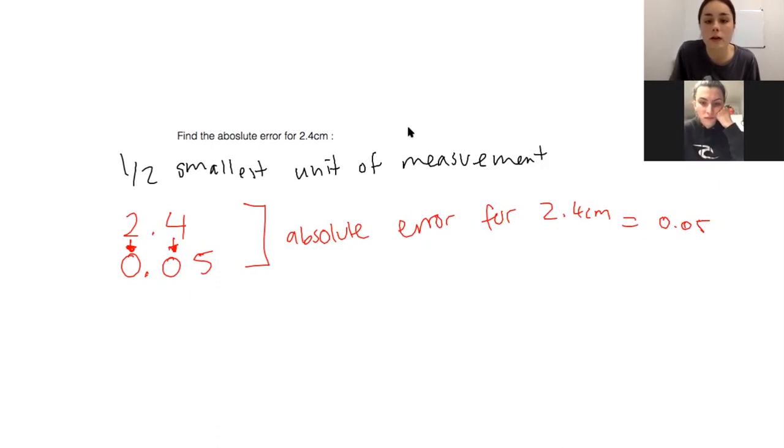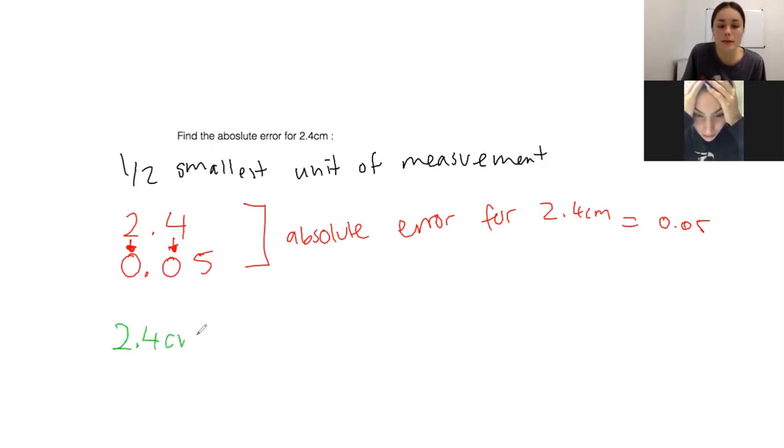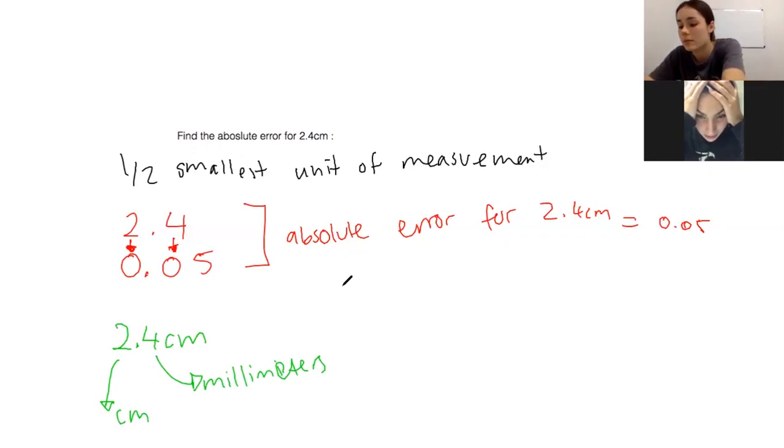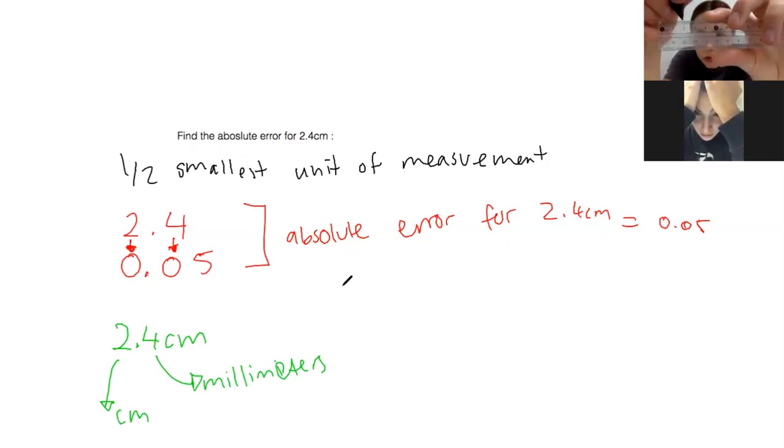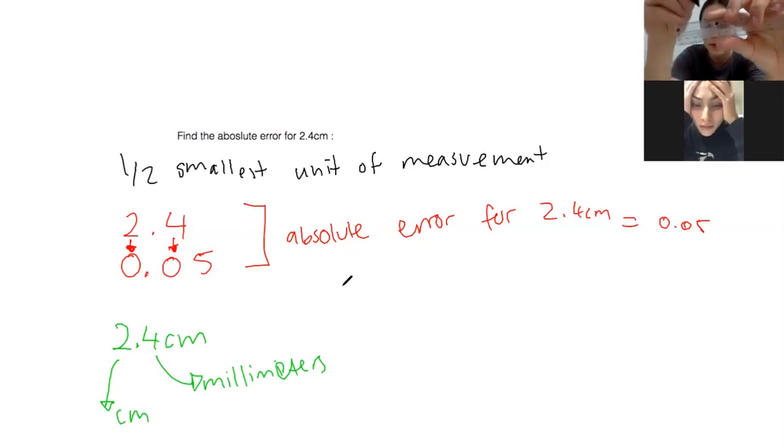Or you can do half the smallest measurement. So the smallest unit of measurement in here, if we have 2.4 centimeters, the 2 part is centimeters and the 4 is millimeters. Is that cool? Because if you look on a centimeter ruler and you go along to 2.4, you've got 2 centimeters plus 4 millimeters. Is that cool? Yeah.